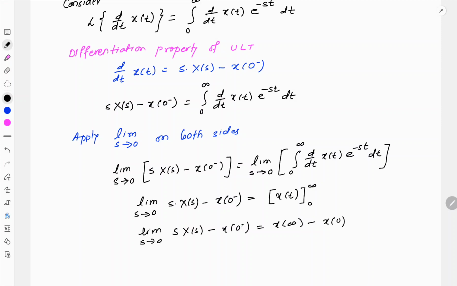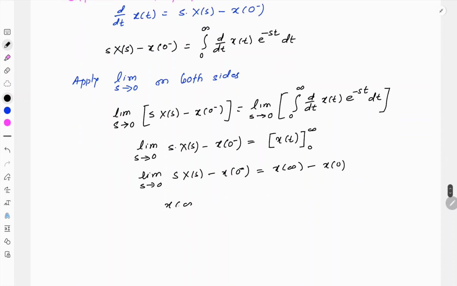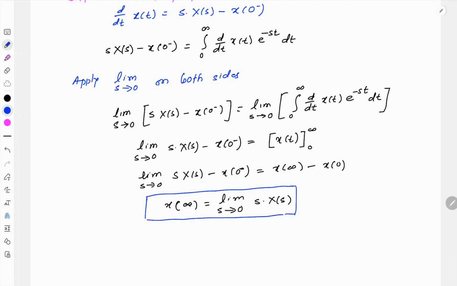So here x of 0 minus and x of 0, these are initial values, so we can cancel it, and the remaining equation becomes x of infinity is equal to limit s tends to 0 s into x of s. So this equation represents the expression for final value theorem.